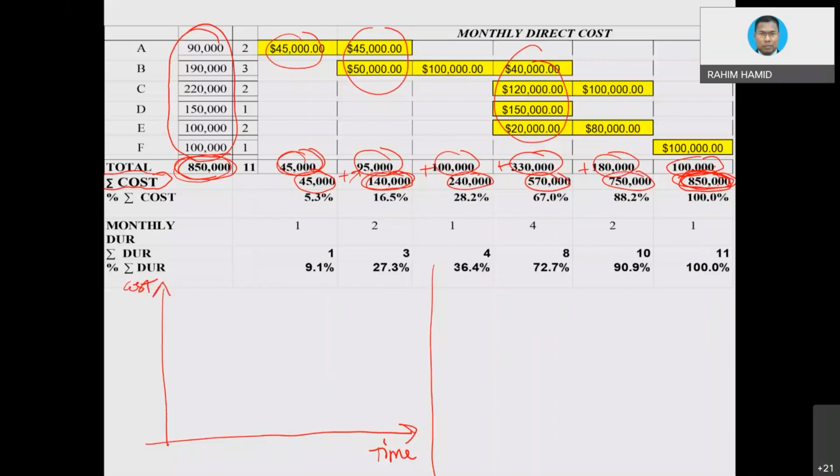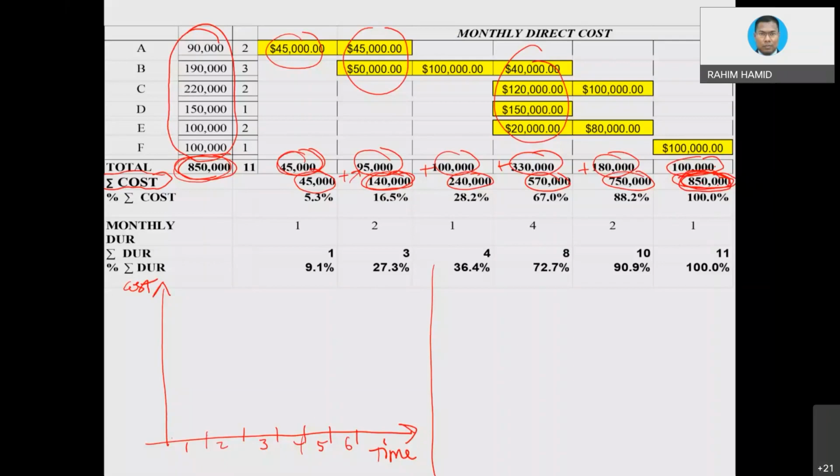We can plot our, this is what we call time, this is what we call cost, and this is the first month, okay, let's say 1, 2, 3, 4, 5, 6, let's say 6 months. And the first month, the value is 45,000.